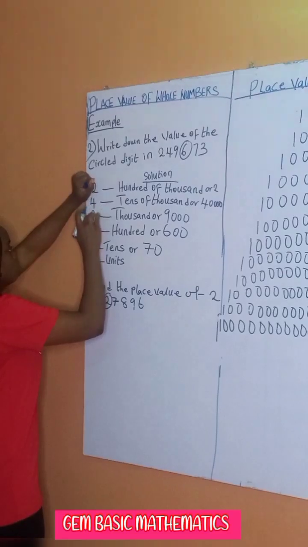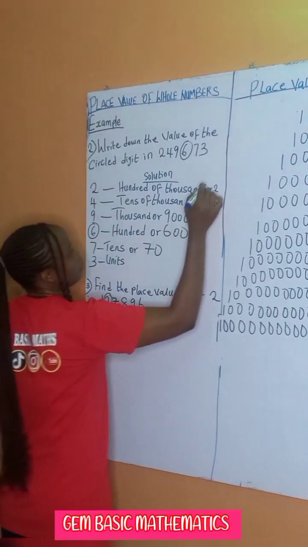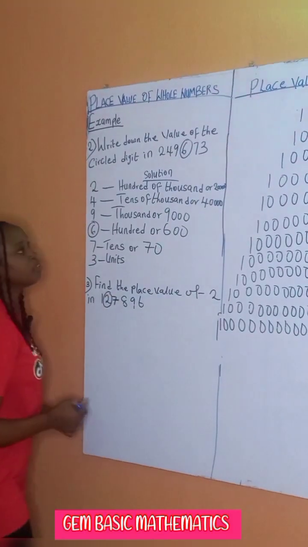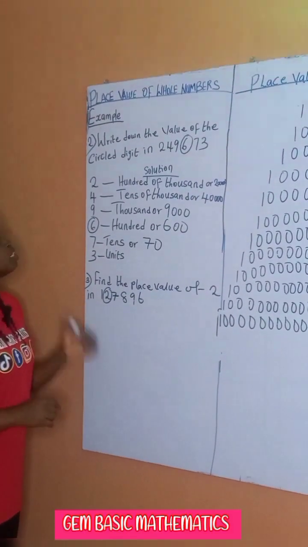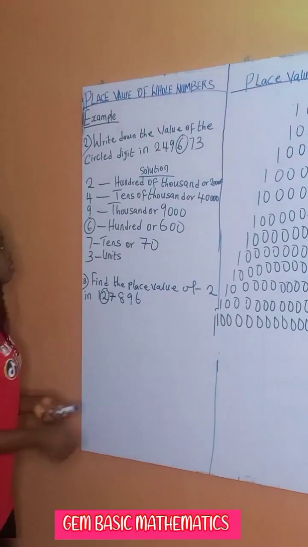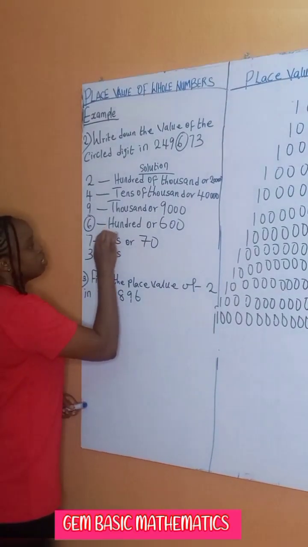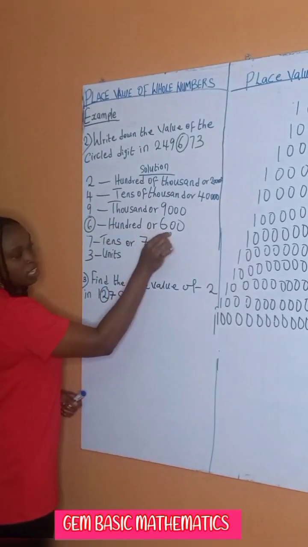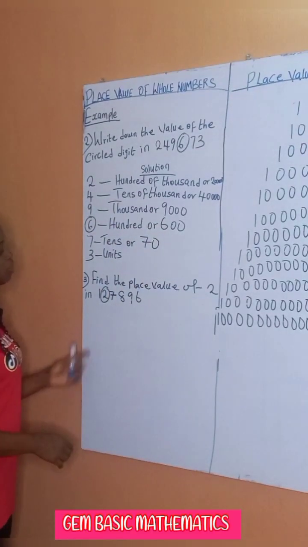Cover it and count 1, 2, 3, 4, 5. So we're writing 5 here. But remember, we're only asked to find the place value of 6. So the place value of 6 is 600. Is that you write it in words or in figure.